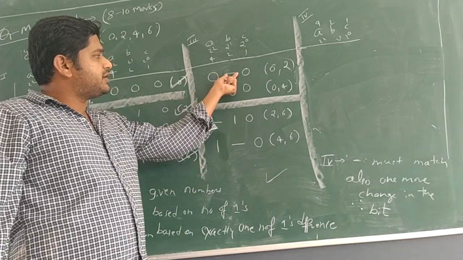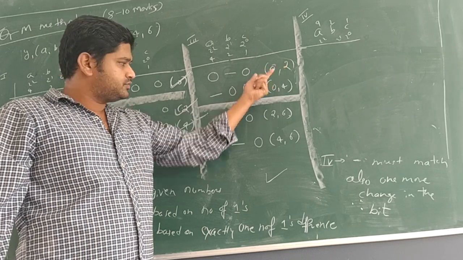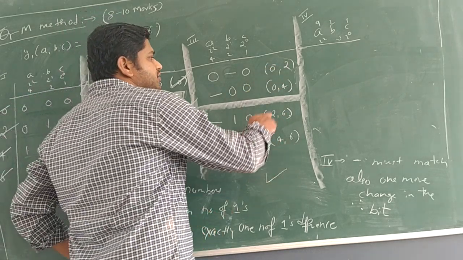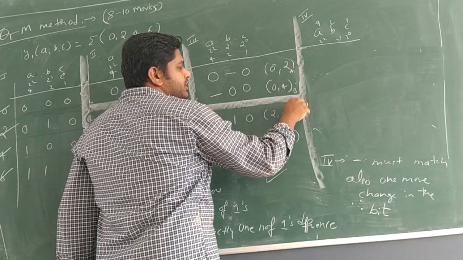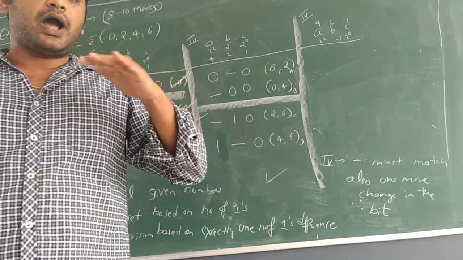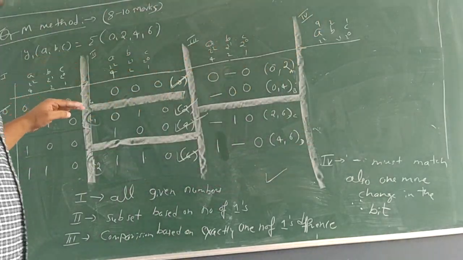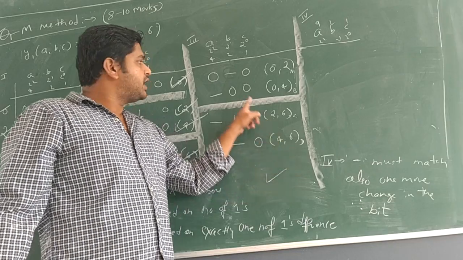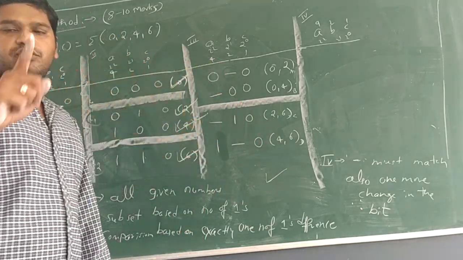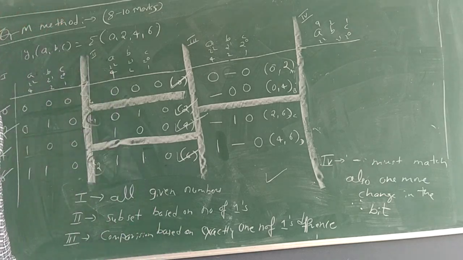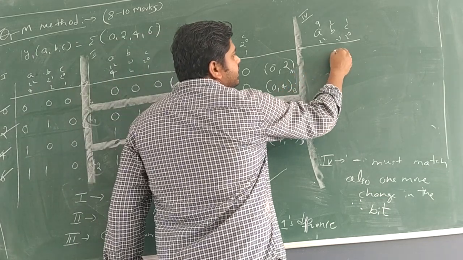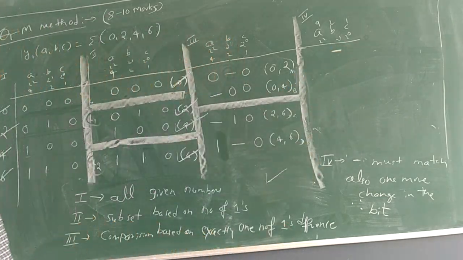I checked with A, C. Now I am checking A, D. If you give the names as A, B, C and D, now think about AC. Hyphen does not match. Think about AD. Hyphen matches. Hence, if hyphen matches, first we have to write down the hyphen. Later we have to think. So where is hyphen now? B position is hyphen. Hence here I will write B position as hyphen.